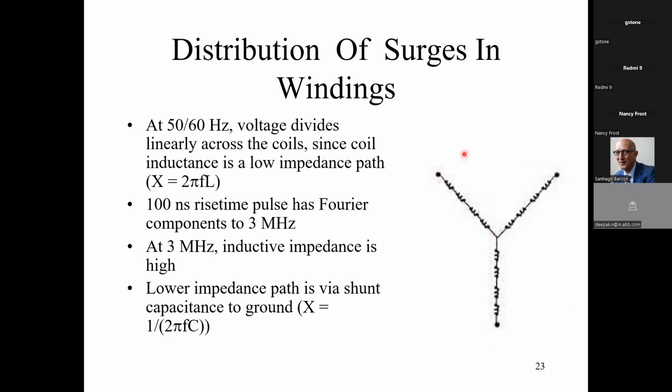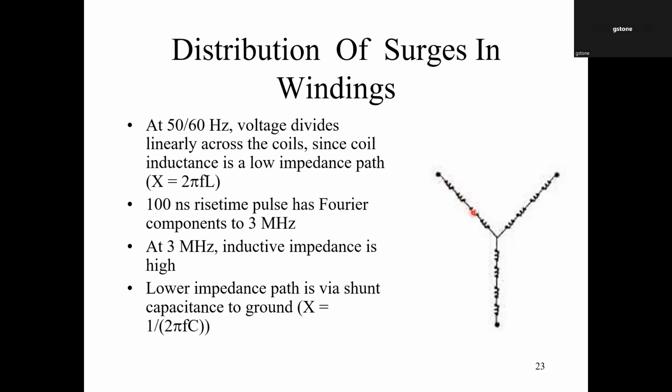Okay, so if we have, say, a 400 volt line to ground voltage, in normal 50 or 60 hertz operation, we'd have an equal voltage across each one of those. If it's 400 volts applied phase to ground, that would mean there's basically 100 volts across each of these four coils. Because at 60 hertz, they all have the same inductance.